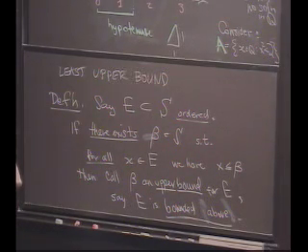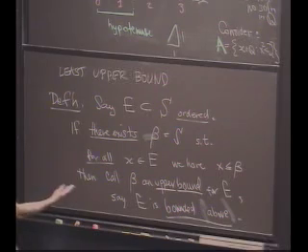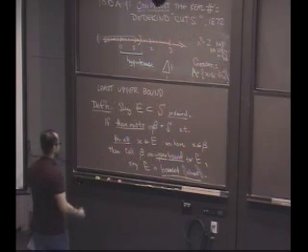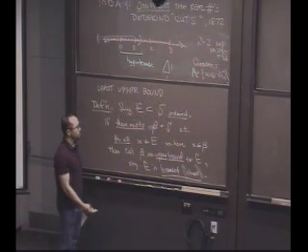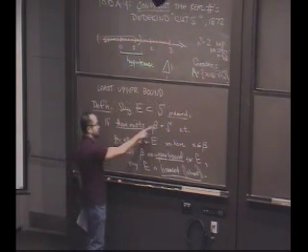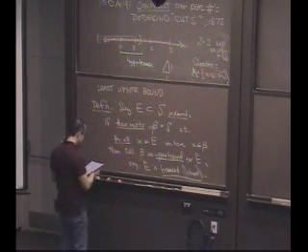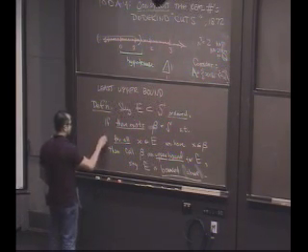Okay. Good. Now, there's also the corresponding notion of a lower bound. So take a guess as to what a lower bound might be. How would I change this statement? Yeah, just replace less than or equal to by greater than or equal to, and you get the definition for lower bound.